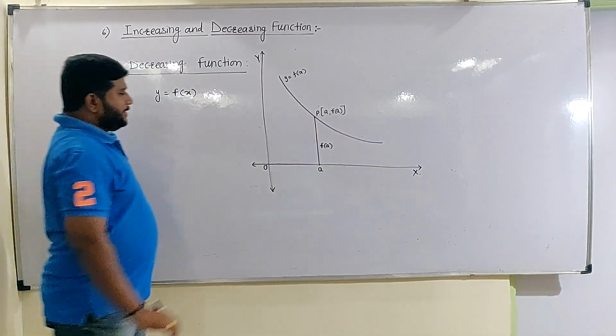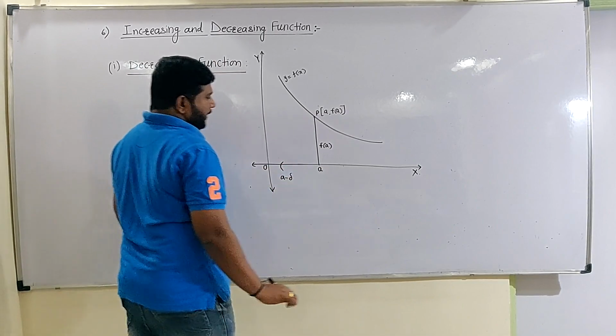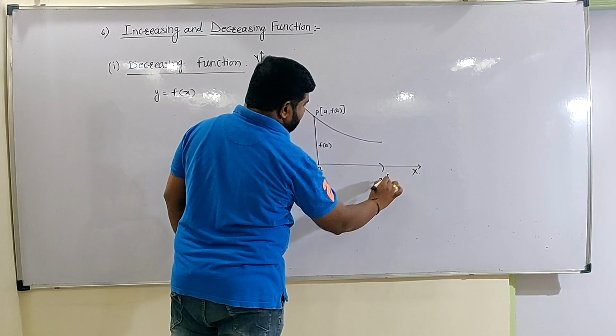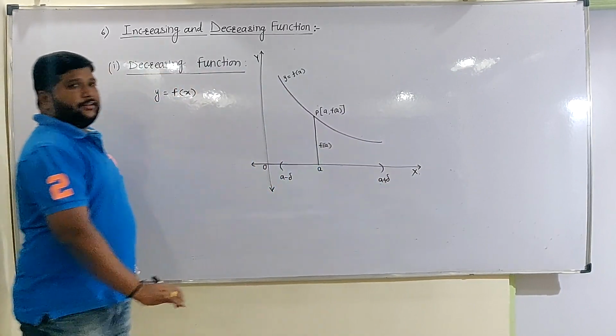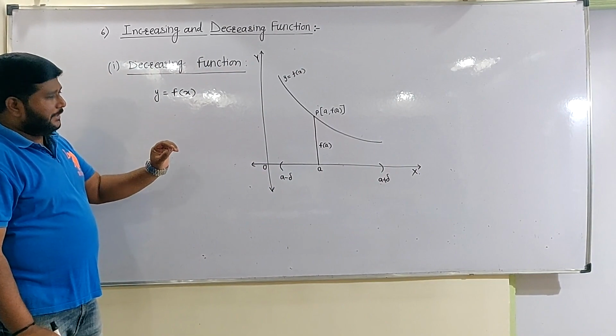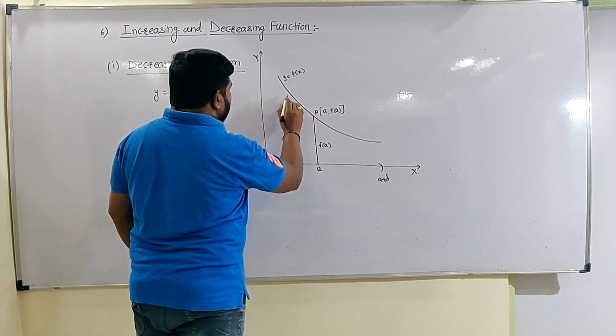This point A has some neighborhoods, A minus delta and A plus delta. There exist neighborhood A minus delta and A plus delta. There are 2 points x1 and x2.